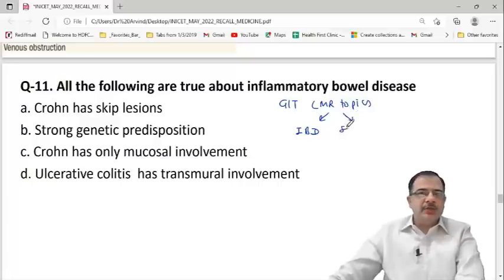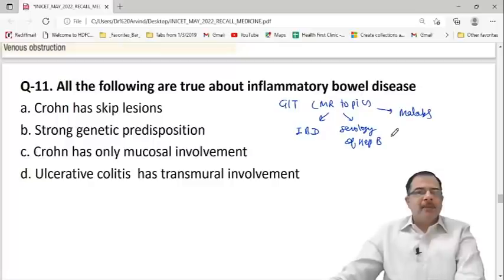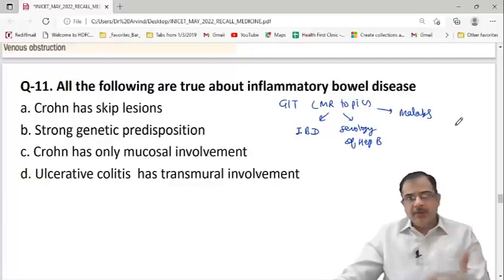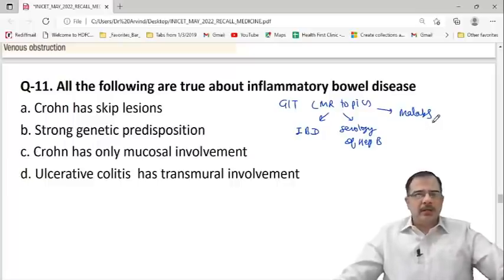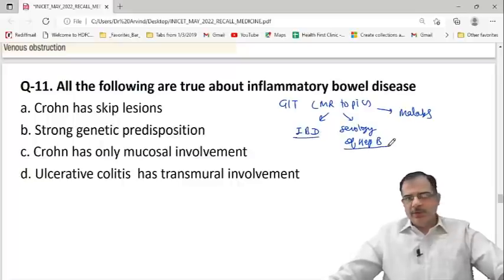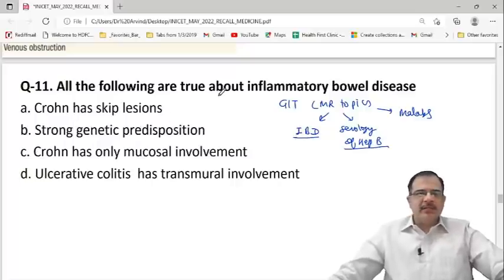Second is the serology of hepatitis B, and malabsorption syndrome. Maybe an indirect question can come from malabsorption syndrome, like cystic fibrosis. That is a topic of malabsorption. So this time the direct questions have come from inflammatory bowel disease and the serology of hepatitis B from the GIT section. It is asking about the true statement.